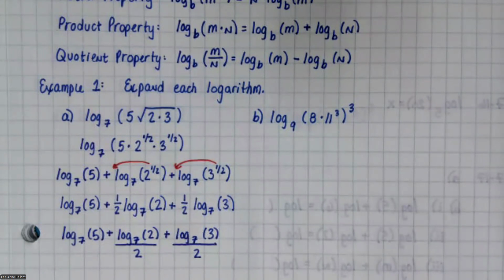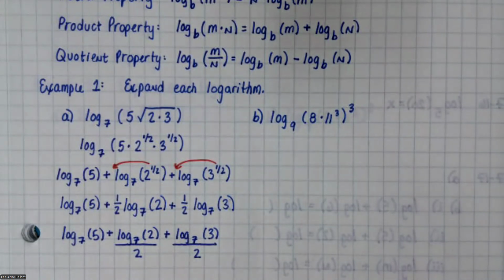The first thing I did was separate each one with times and its own exponent. Then I expanded wherever there was a times to a plus. What was a single log is now 3 separate logs. Then I put the exponent in front, and any exponents that were fractions, I made into division. Now we're going to do the second one, and then I think we'll be done, and we'll finish the other part tomorrow.